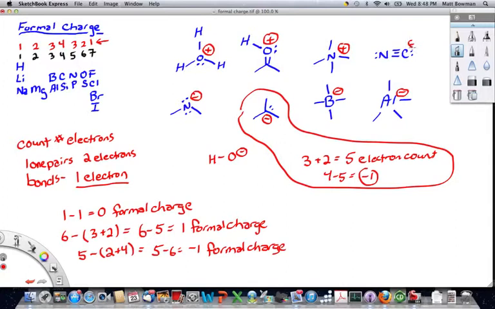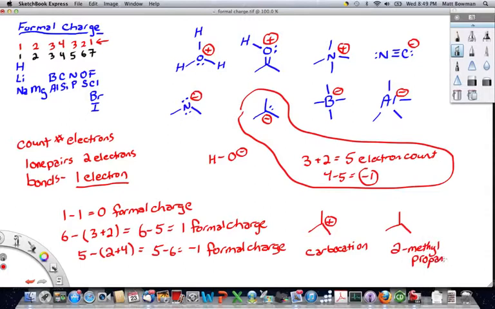The reason formal charge is really important, especially on carbon, is this molecule right here. This is a positively charged carbon, carbocation. If you omit that positive charge, you get this molecule right here, which is 2-methylpropane.